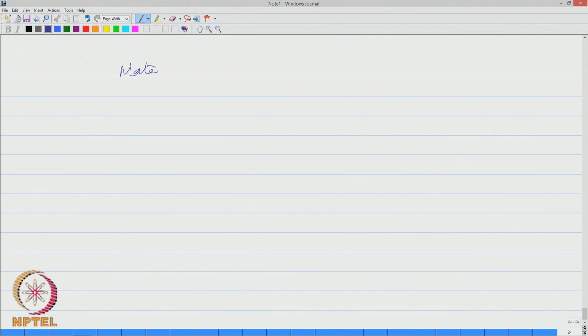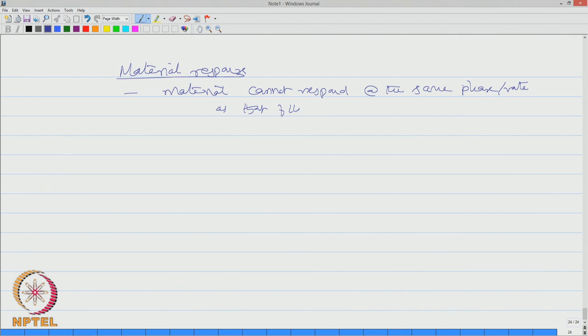If you look at the material response, material cannot respond at the same phase or same rate as that of the load which is applied, because there is absorption of energy which we call dissipation resulting from deformation.